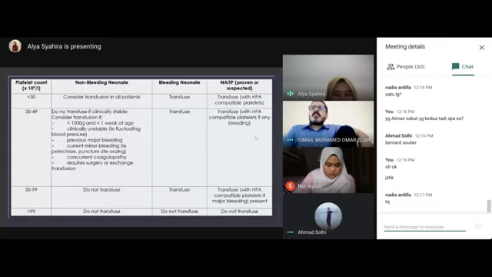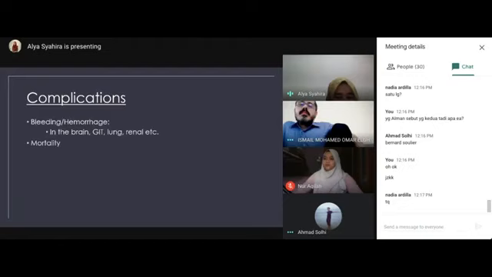However, for NAITP, a special thing to take note of is that we need to transfuse with HPA-compatible platelets. Next, complications in general: neonatal thrombocytopenia can cause bleeding or hemorrhage. It can occur anywhere in the body, in the brain, GIT, lung, or renal. If not treated properly and immediately, it can cause mortality to the newborn. That's all.